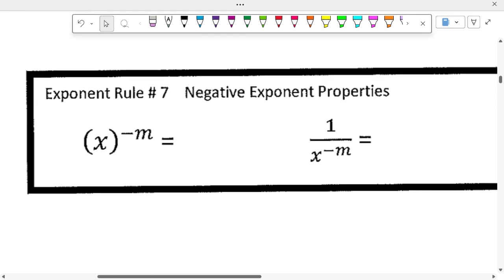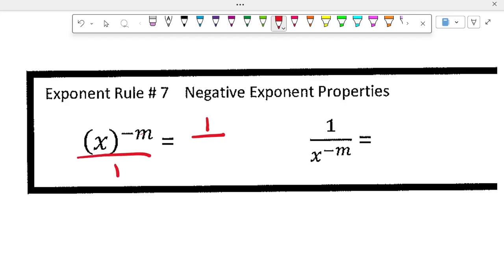So, the negative property of exponents is if you have x raised to a negative power, that is the same thing as, let's say we put this over 1. We would move the base with its power to the denominator and make it positive. So this would be x to the positive m.